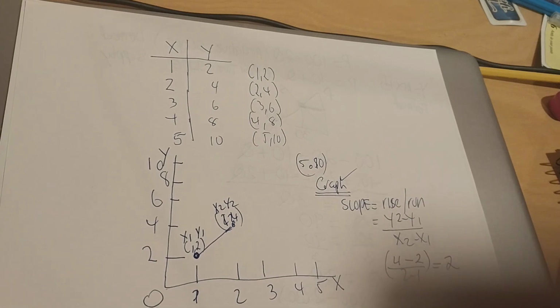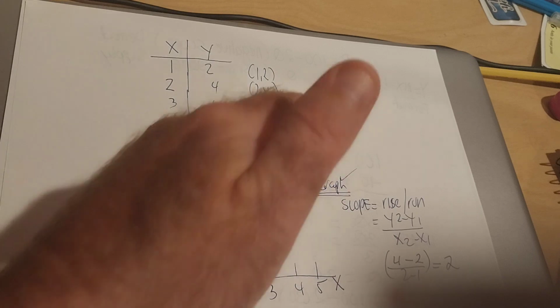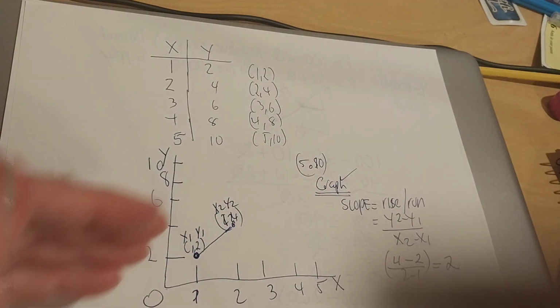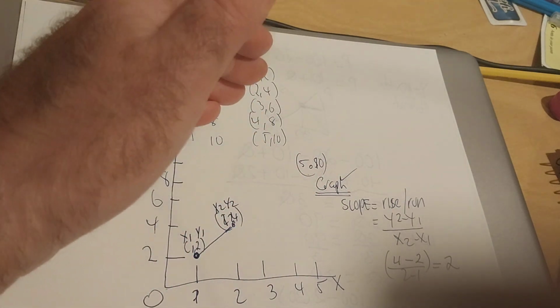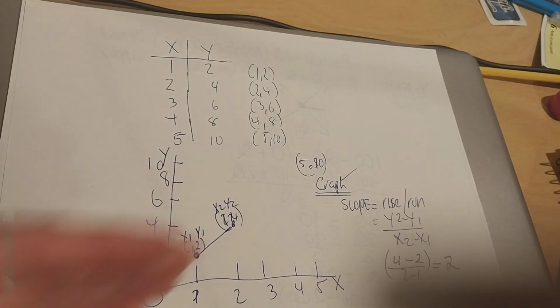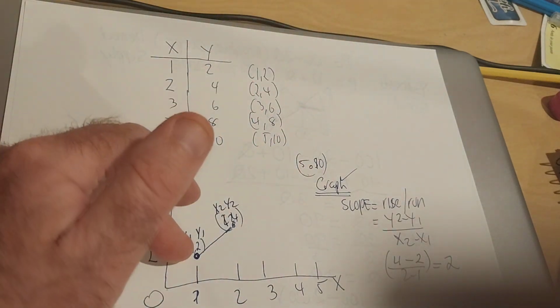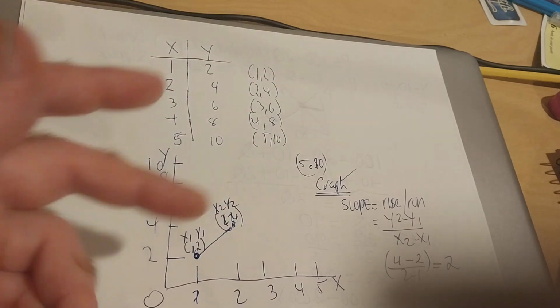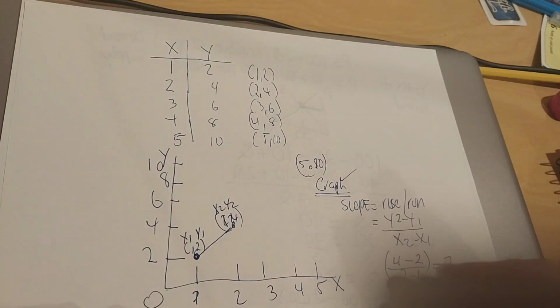And we could do that for any of the 2 points. We could go between 2, 4 and 3, 6, 3, 6 and 4, 8, 5, 10, doesn't matter. Or we could go all the way back from 5, 10 to 1, 2. Doesn't matter. Any 2 points, the slope is the same.